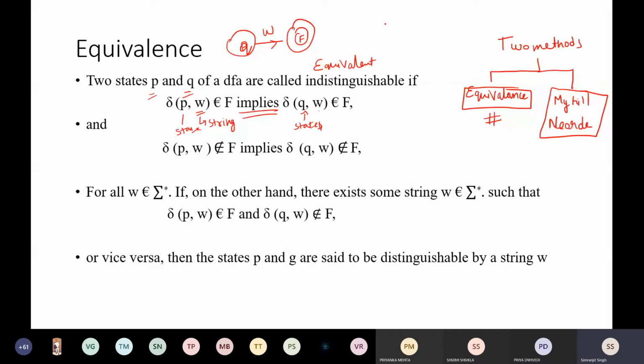In the same way, this is DFA1, this is DFA2.